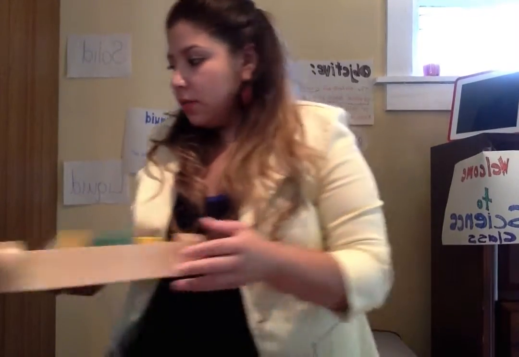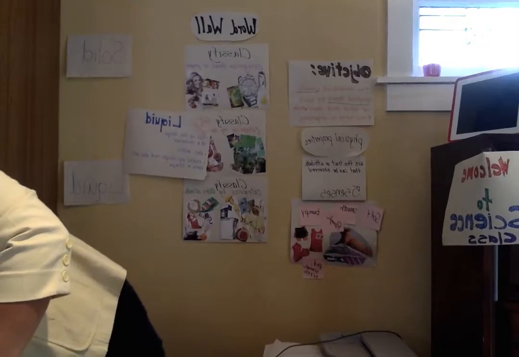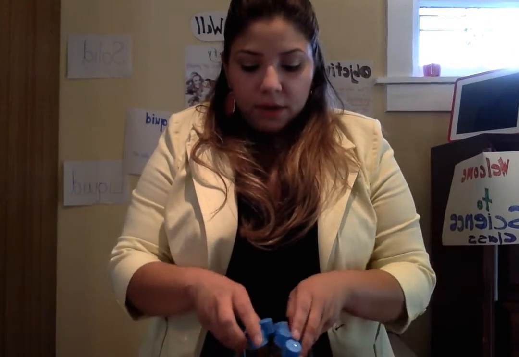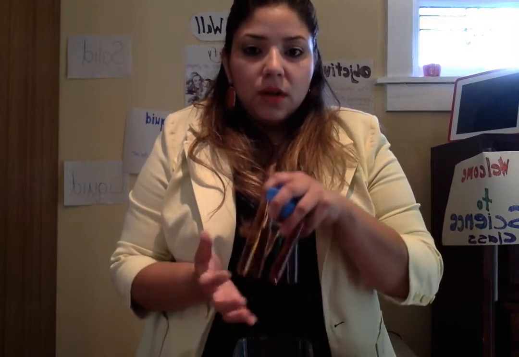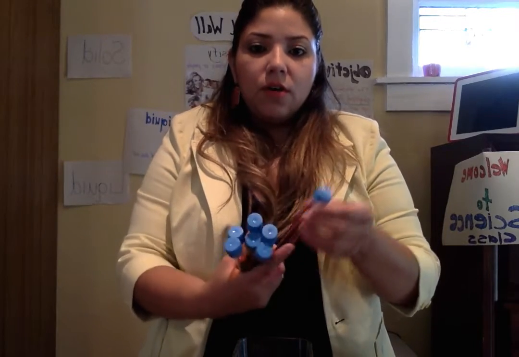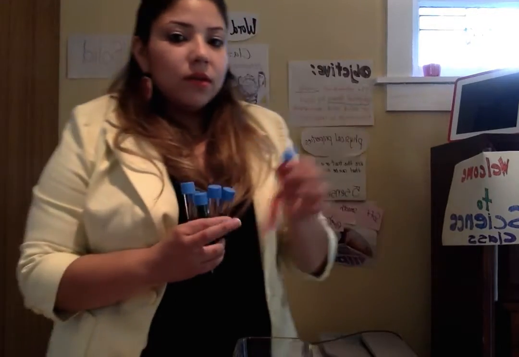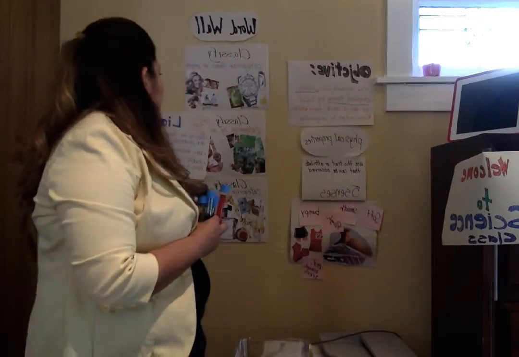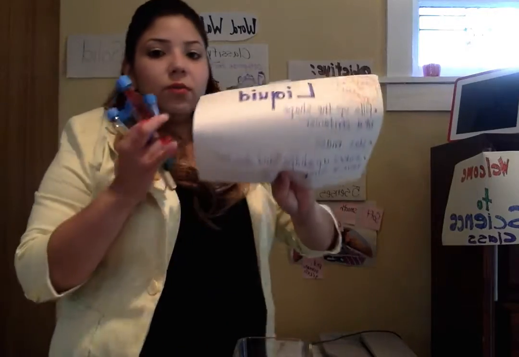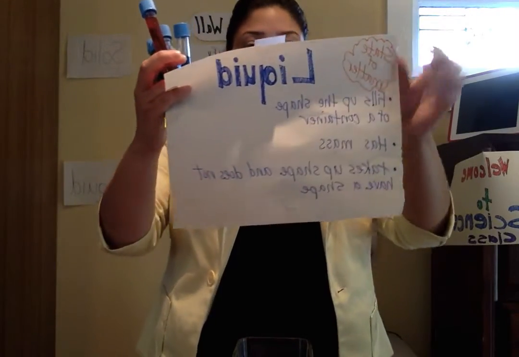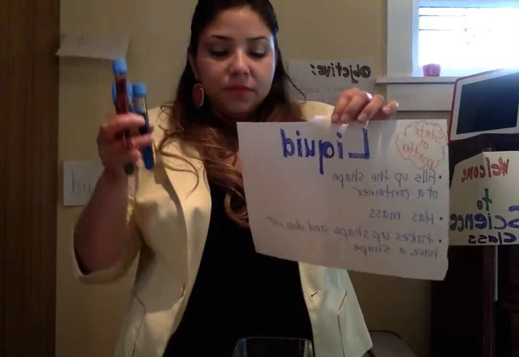Now let's move on to classify items by liquids. We have these test tubes, and inside these test tubes there are liquids. As you can see, and as we have discussed earlier, liquid fills up the shape of a container.